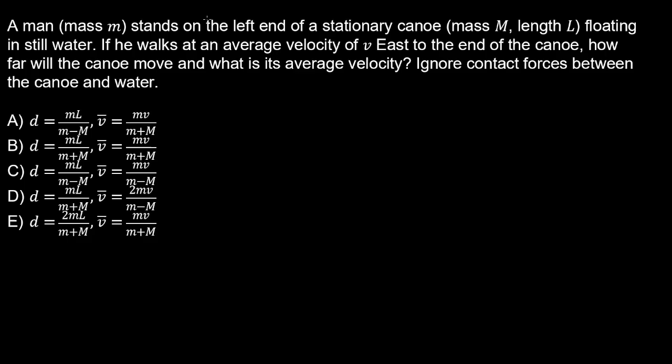A man with a mass m stands on the left of a stationary canoe, which has a mass m and length L. And this canoe is floating in still water, so it's at rest. Now if the man walks at an average velocity of v east to the end of the canoe, how far will the canoe move and what is its average velocity?